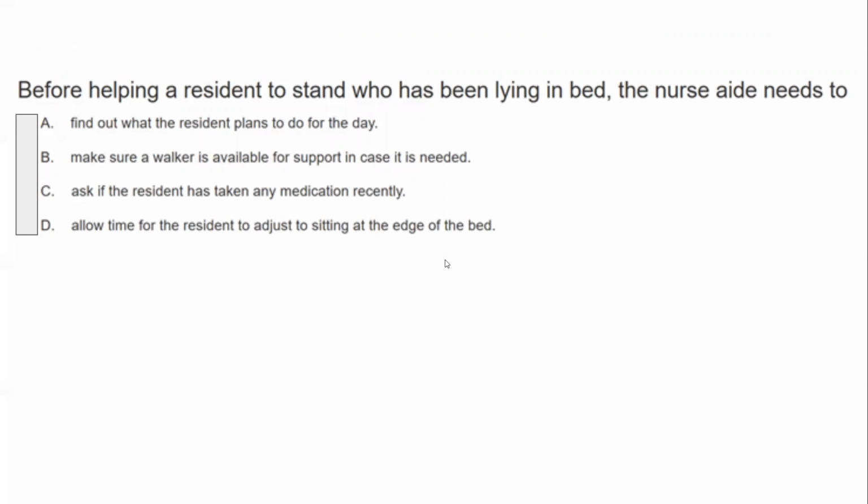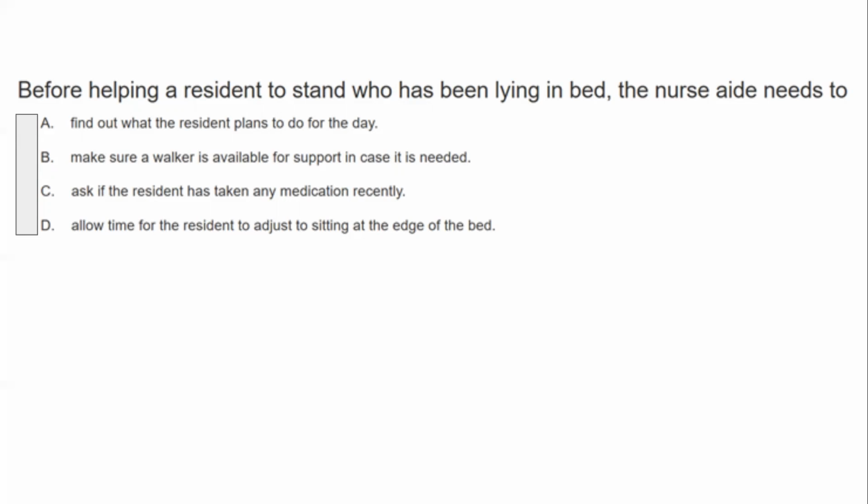Okay, before helping a resident to stand who has been lying in bed, the nurse aide needs to A, find out what the resident plans to do for the day. B, make sure a walker is available for support in case it is needed. C, ask if the resident has taken any medication recently.